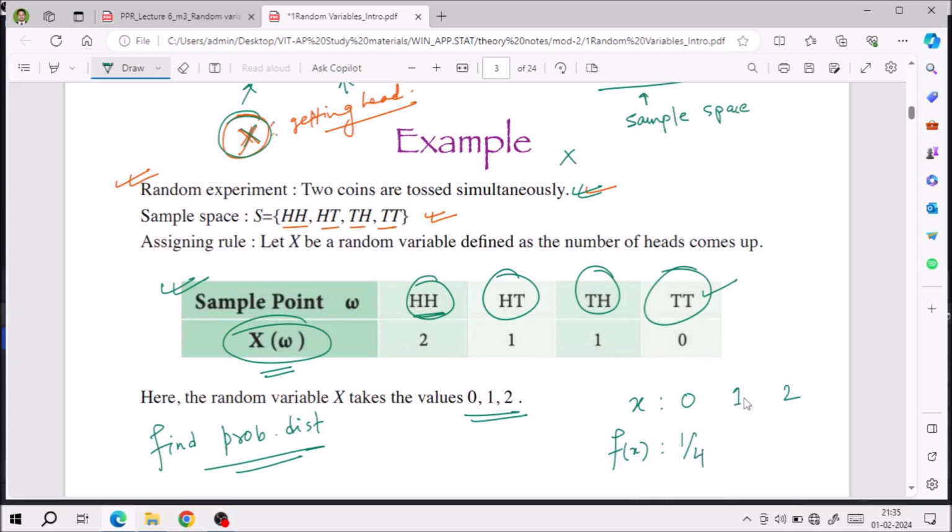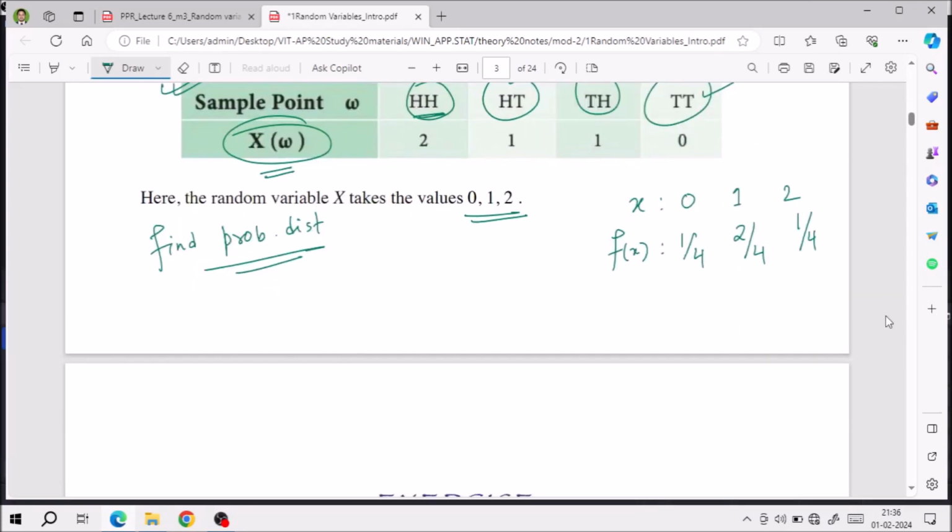Here 1: the probability of getting one head. You have one possible outcome here, another possible outcome here. So 2 divided by 4. Here x equals 2 means getting exactly 2 heads. So here you have only one outcome, so it is 1 by 4. Now see what you have. f(x) equals 1 by 4 corresponding to 0, 2 by 4 corresponding to 1, 1 by 4 corresponding to 2.